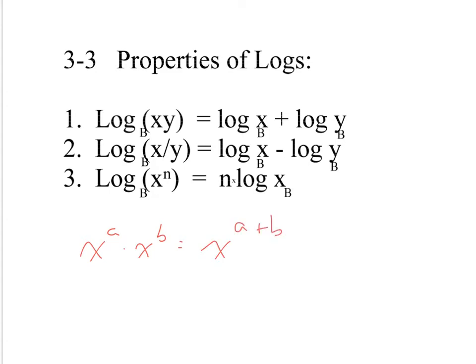Well, it's the same idea now with logarithms. If I take the log of a product, it's equal to the sum of the logs. In other words, log base b of x times y is equal to log base b of x plus log base b of y.